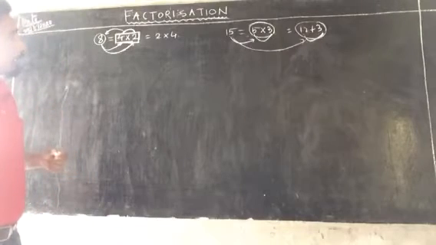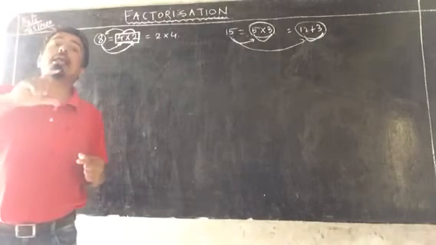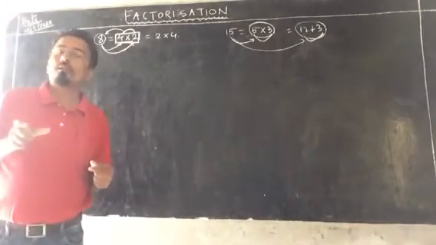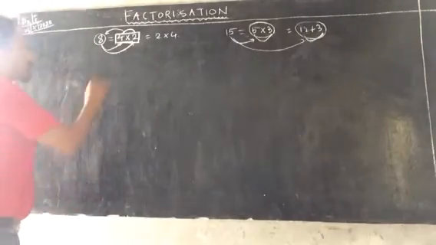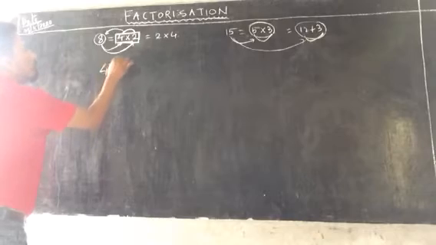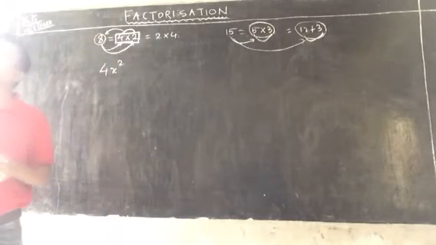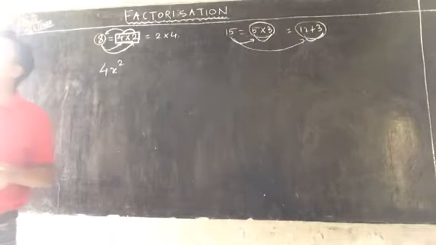Today's topic is algebraic factorization. Suppose I write 4x square.